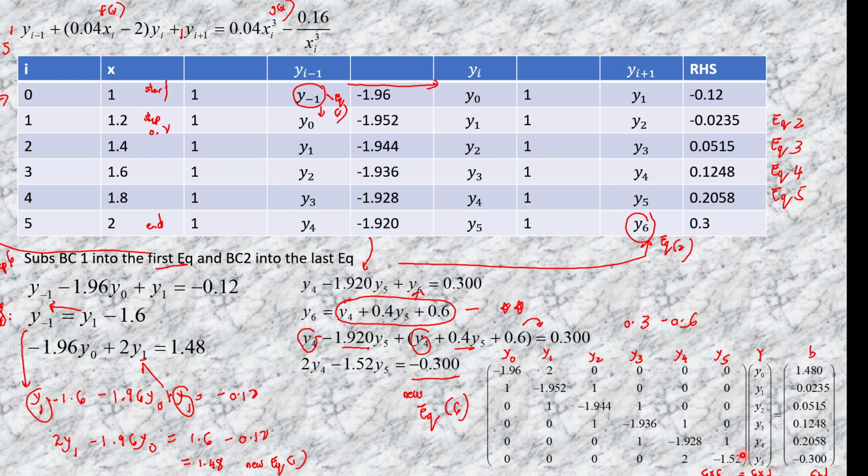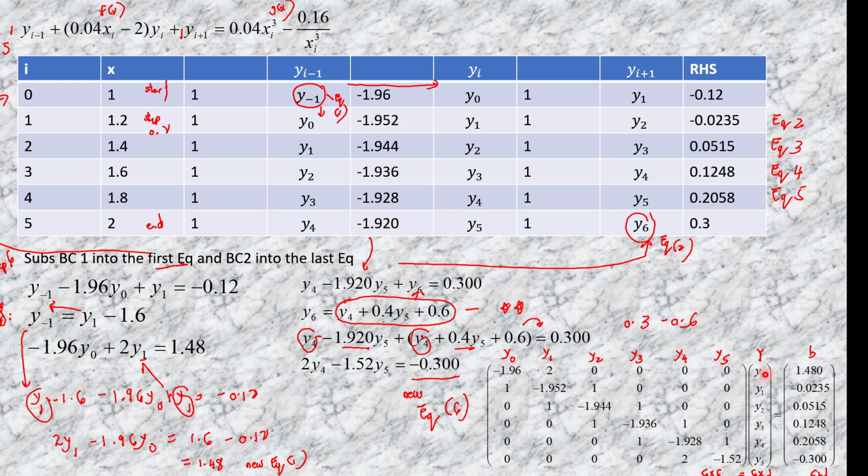In this case, even though this is tridiagonal, you can solve with the Thomas method, but it's quite tedious. And then you cannot solve using Gauss-Seidel because it is not diagonally dominant. Here the diagonal value is negative 1.96, but this value, 2, is greater than the magnitude of 1.96.